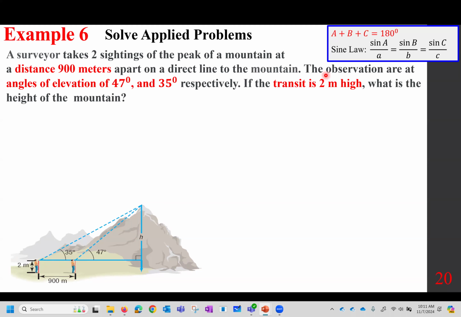The observations are at angles of elevation 47 and 35 degrees, respectively. So over here, there's an angle of elevation of 47 degrees. Then it goes further away by 900 meters, and it has a smaller angle of elevation, 35 degrees, respectively.